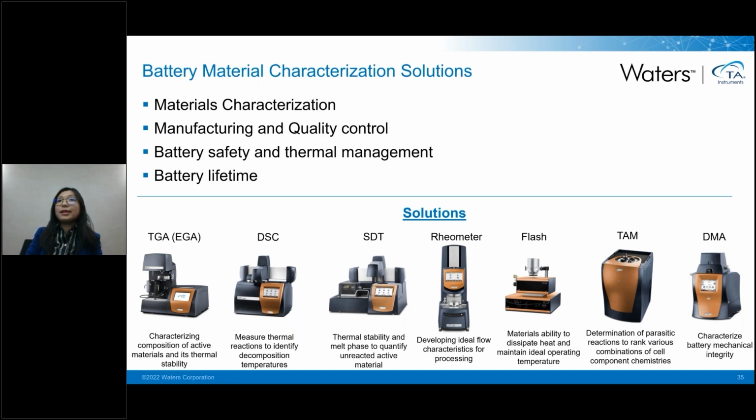We're also demonstrating some of the electrode manufacturing, how the rheometer and TAG are able to enhance the manufacturing of the cathode material as well as using it for quality control purposes. Also improving battery safety and thermal management system in the separator characterization, as well as understanding the battery lifetime and predicting the performance using our TAM system. And that's a whole range of material characterization solutions that TA Instruments offers.